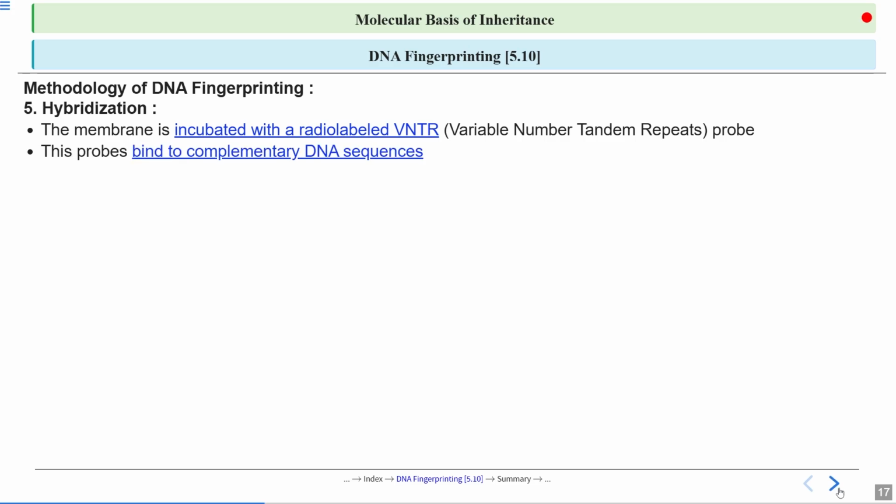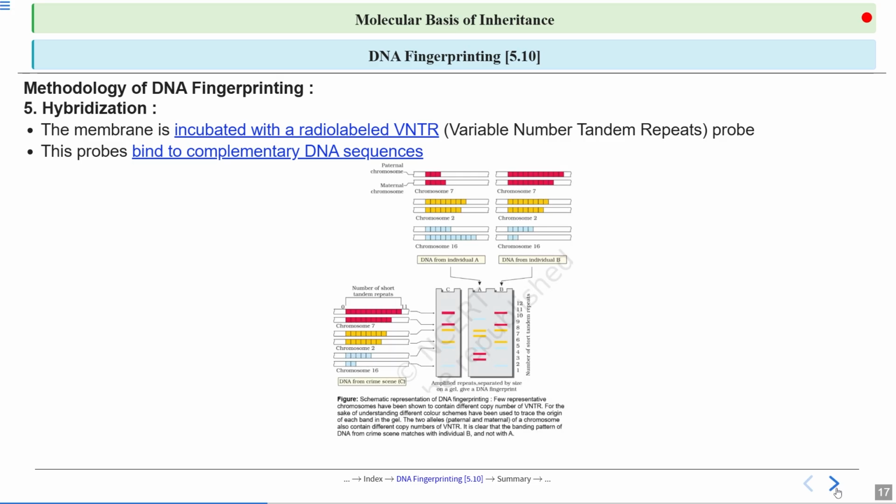Now this probe is going to bind to its complementary DNA sequence, and that's how we identify the DNA sequence. So now you can understand what happened in this step.